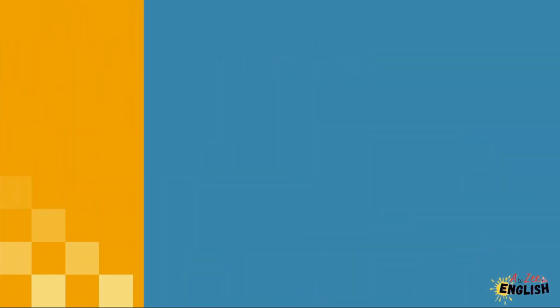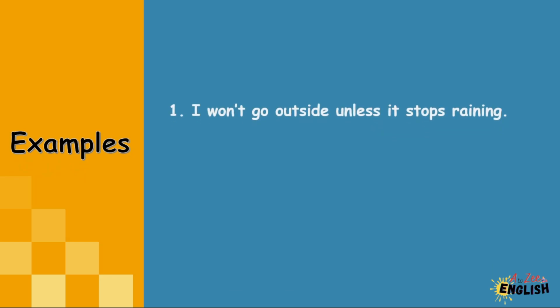Examples: I won't go outside unless it stops raining. It means I won't go if it doesn't stop raining, meaning it shows a negative condition.